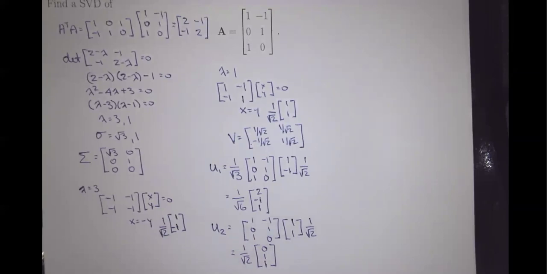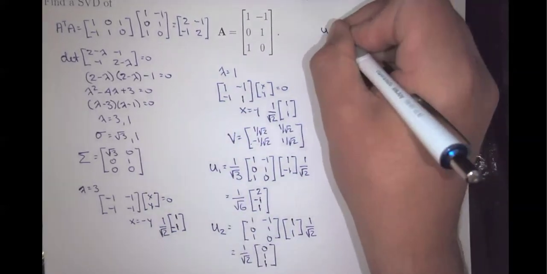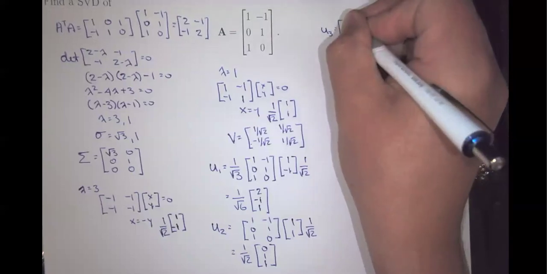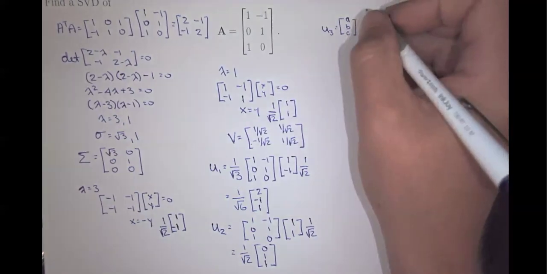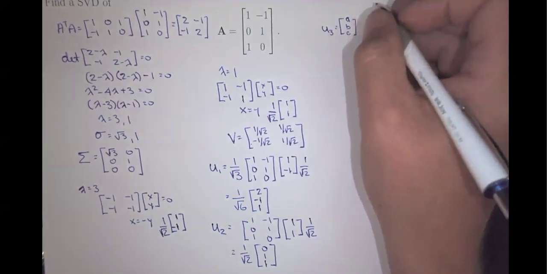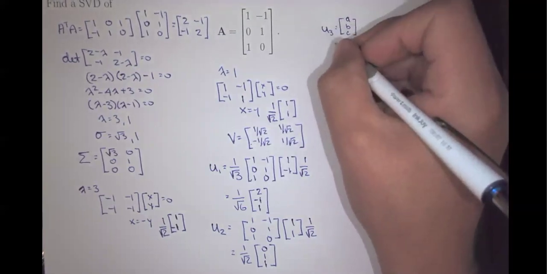We still need a third U vector, one that's perpendicular to U1 and U2. So we want U3, it's A, B, C, so that U1 dot U3 is 0.